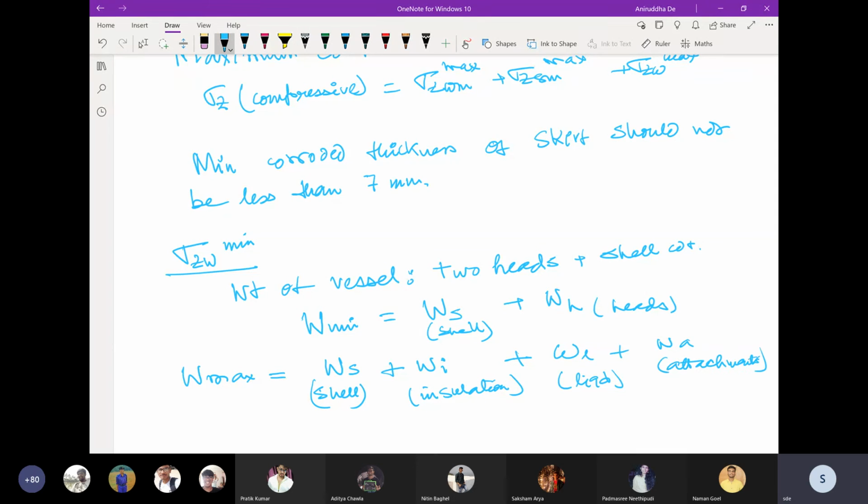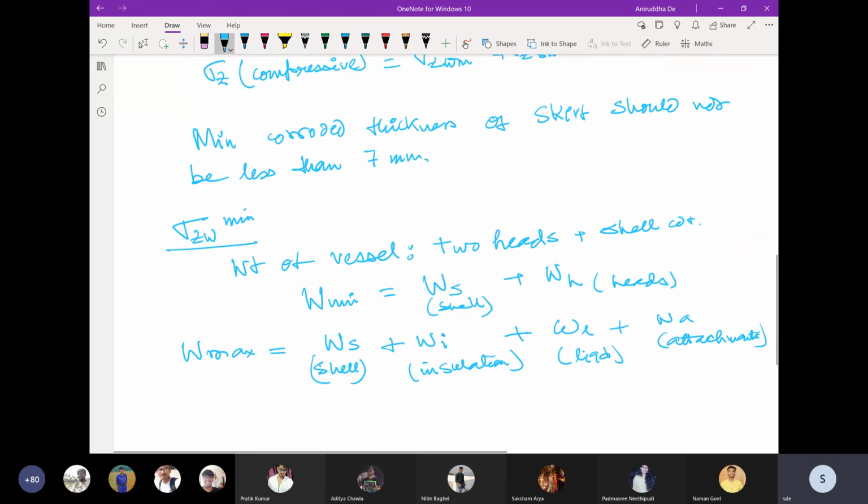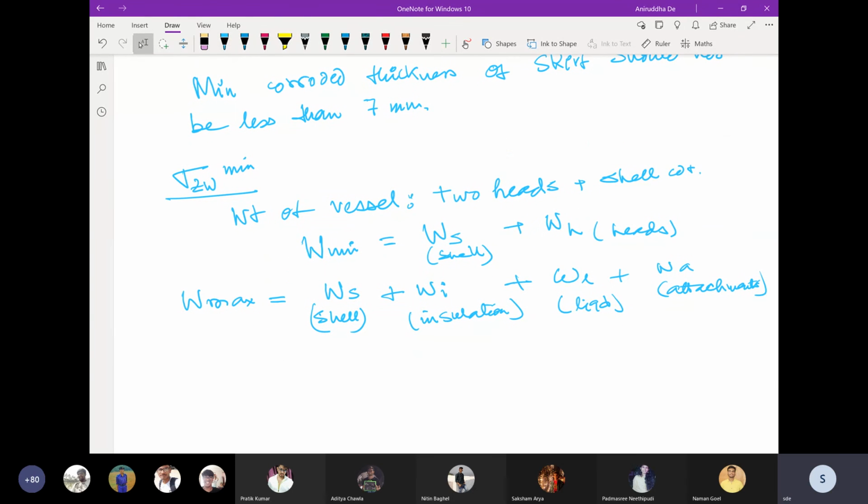When you take the bare minimum shell weight and the head weight, that's basically the material weight of the vessel, and that is W minimum. When you take, apart from the shell weight and head weights, the attachments, liquid, insulation, etc., that is W max.